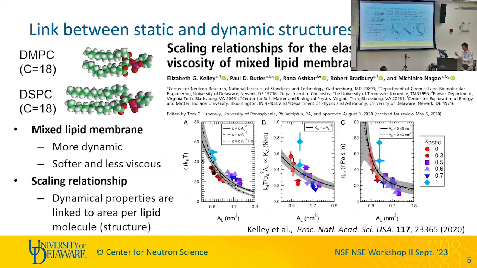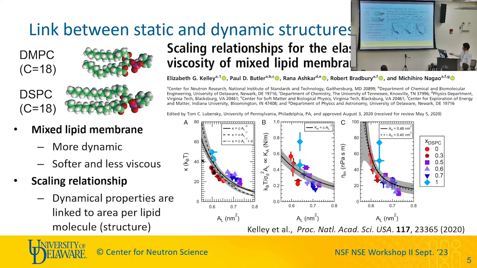And some applications. So this is a mixture between different lipids. This is just the tail length is different. Other things are the same. When you mix two lipid molecules, then the membrane becomes more dynamic, and less viscous. So it's just more dynamic.